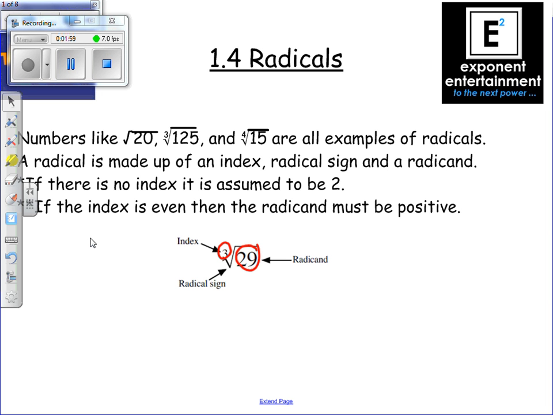Actually try it out and see if that's true. If it's underneath the radical sign, you have to do the multiplication first. What's 16 times 9? Alright, what's the square root of 144?